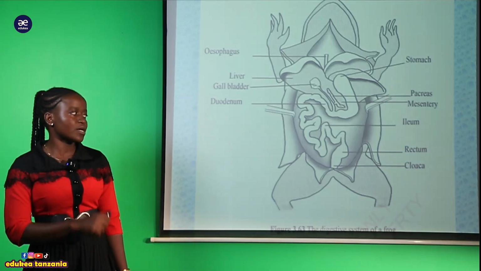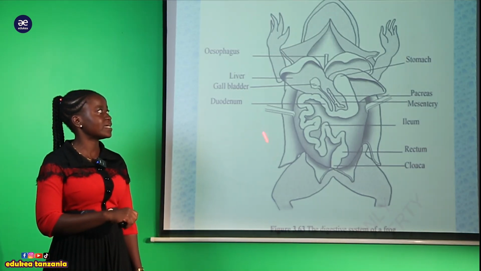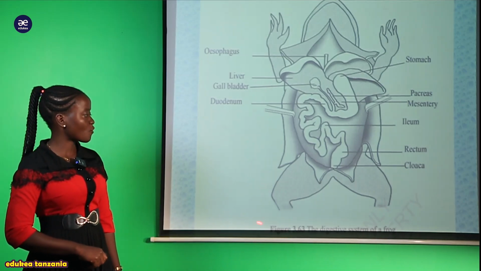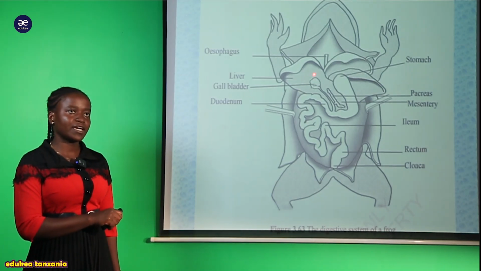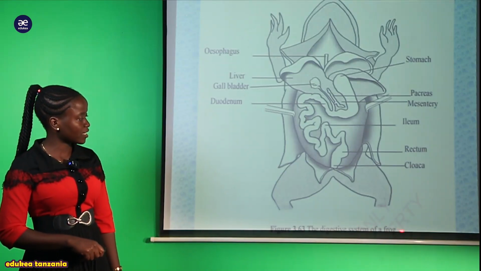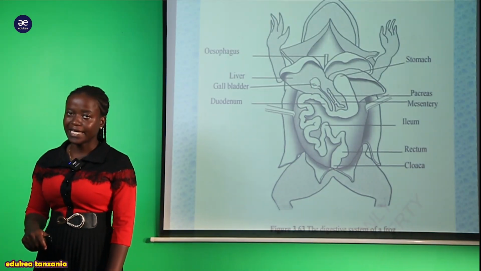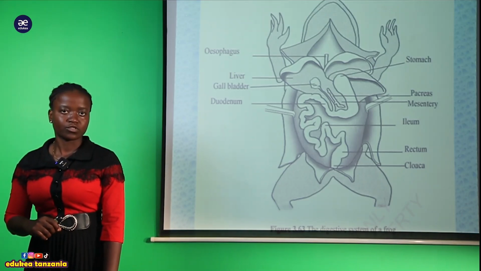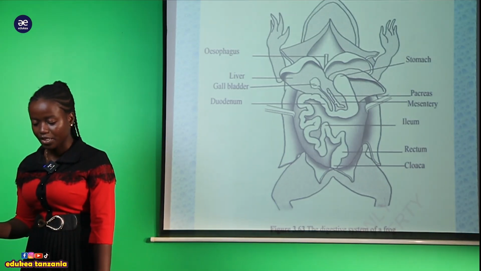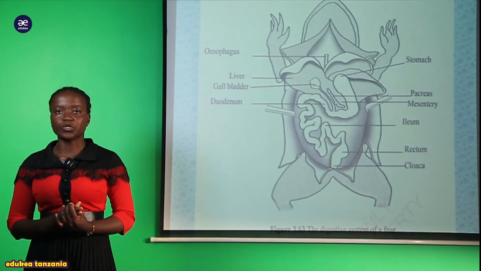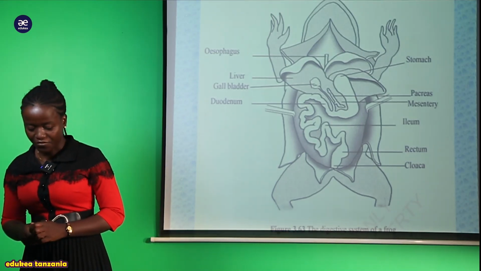And on drawing your diagram, make sure that ule mchoro unaonekana vizuri. Pia usisahau kuandika heading. Ukiandika heading huku juu utaandika kwa capital letters, while ukiandika huku chini utaandika kwa small letters, but you have to underline your heading. So hiyo ndiyo diagram ambayo ina show the structure of the digestive system which is found within the frog.